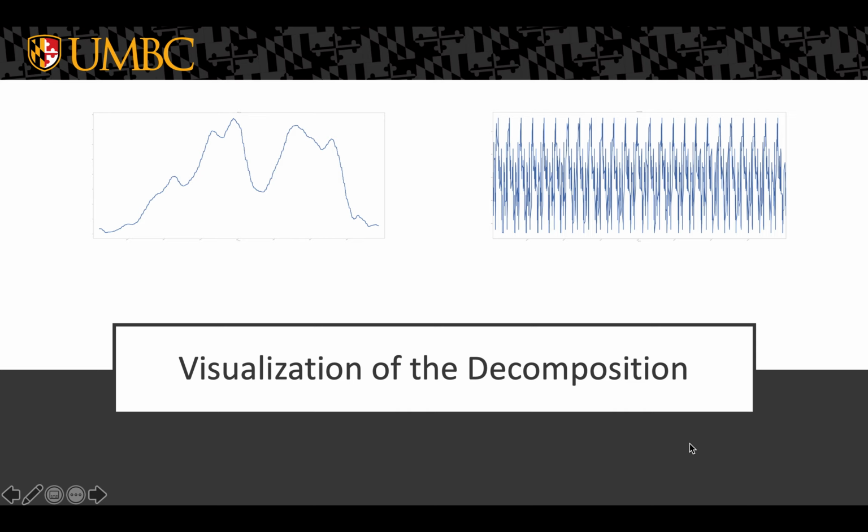On the left is the trend of Apple stock price from 2008 through 2009, and on the right is the seasonality of Apple stock price. As you see, it has a lot of ups and downs, but it's bounded.